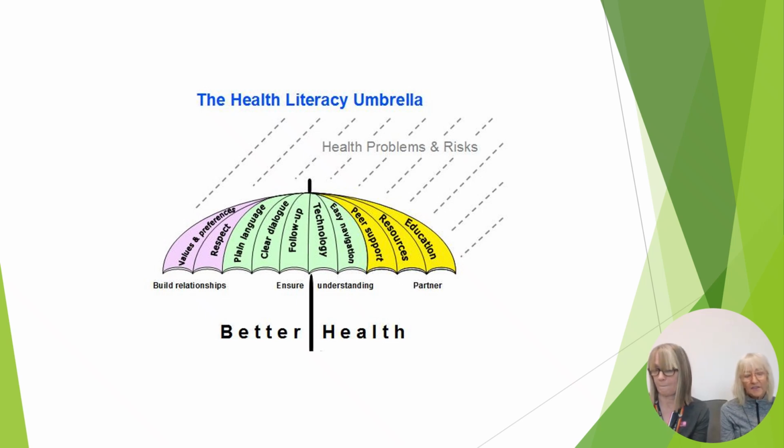Think of health literacies as an umbrella that protects people from health problems and risks. Health workers should be aware of these three areas. Number one, improving relationships. They need to be aware of a person's cultural background, for example.